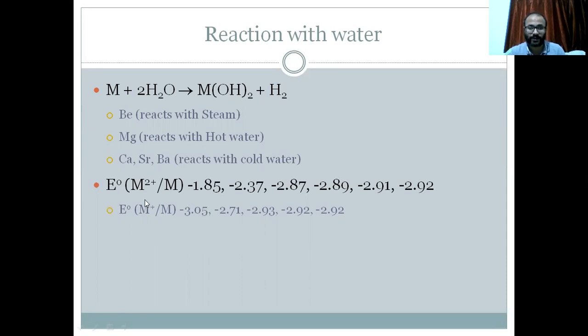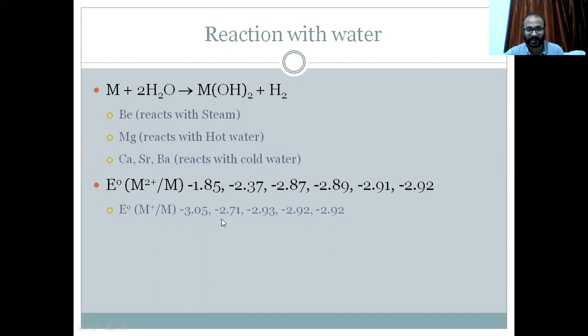However, if we look into the group 2 elements, we find that the trend is a very natural trend of basicity. That is, as we move down the group, the basicity increases, and therefore reactivity also increases in a similar manner as you go down the group. So here, electrode potential is falling in line with the reactivity pattern. However, in the case of group 1, that was not the case.